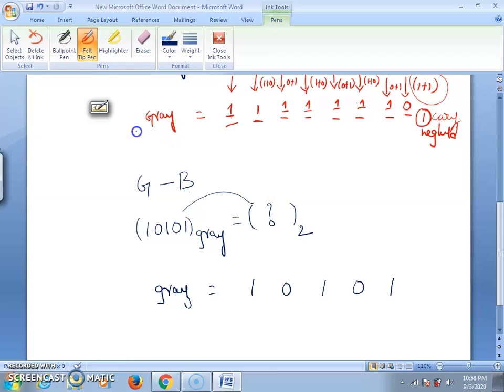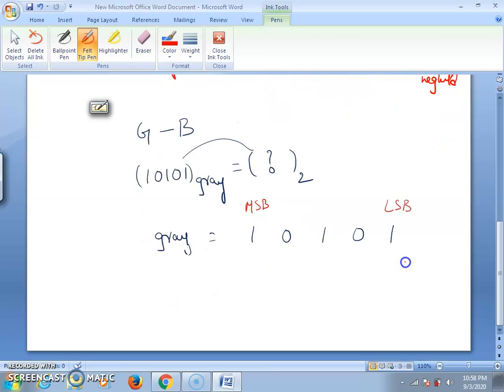Similar to binary to gray conversion, here also I first identify the MSB and LSB bits. After that, I replace the MSB as it is in binary also. This is the first step, similar to binary to gray conversion.